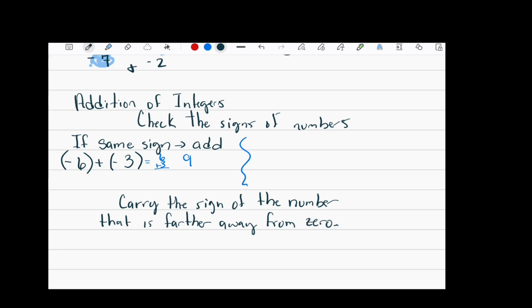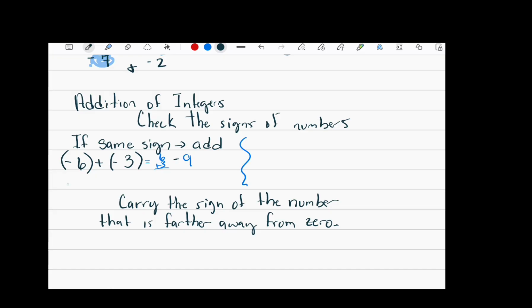So, after we add, we got 9. Which number is farther away from 0? So, what sign will your answer be? There you go.